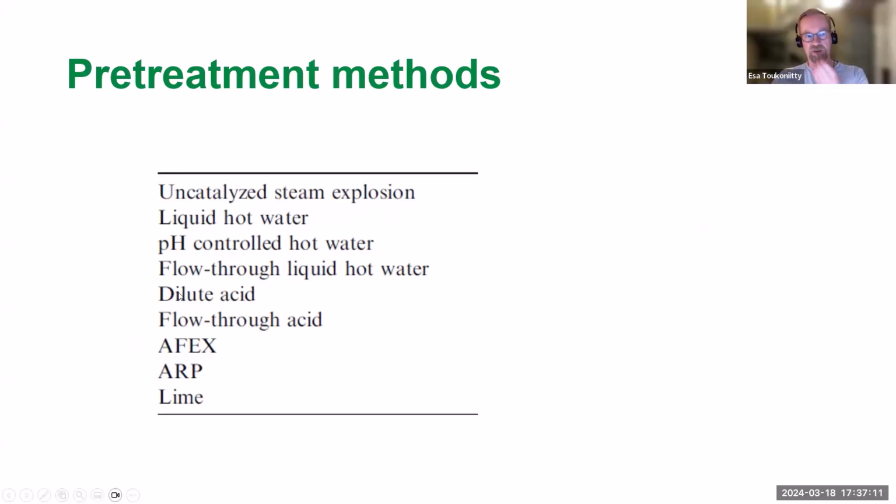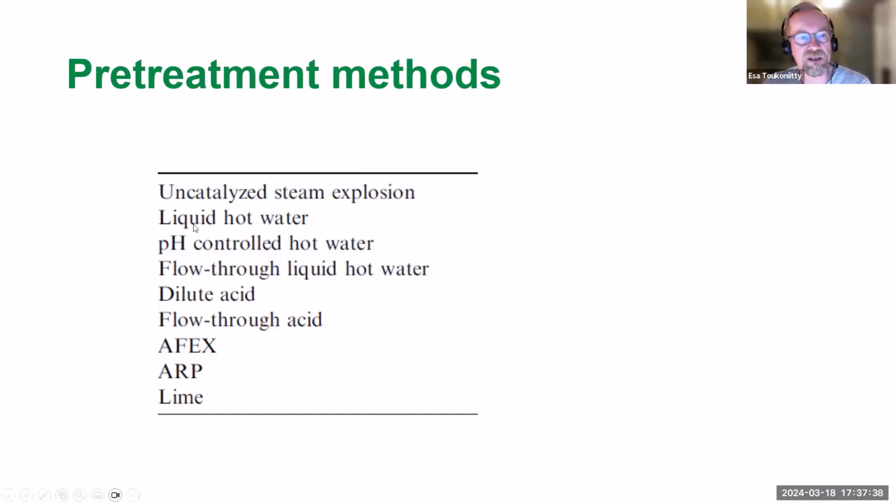So the idea is that you'll take one of these and shortly summarize or describe what it's about, what's the purpose of these pre-treatment methods, and how it works. So very shortly describe.